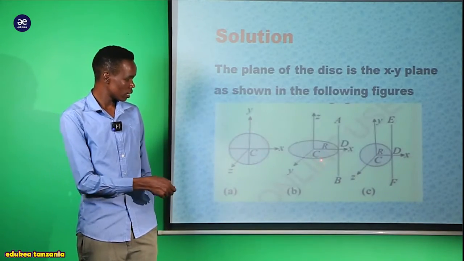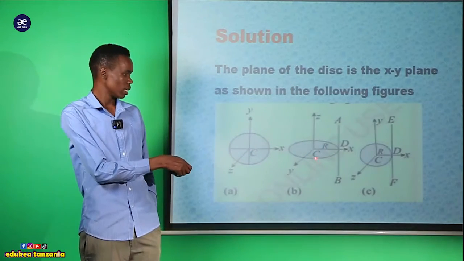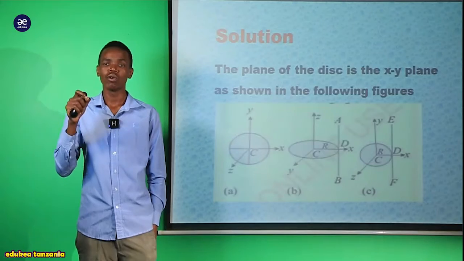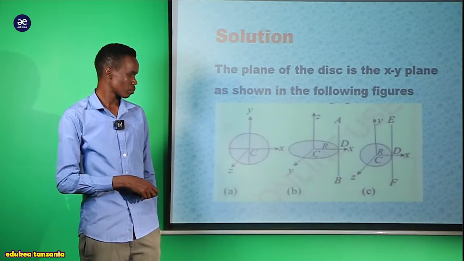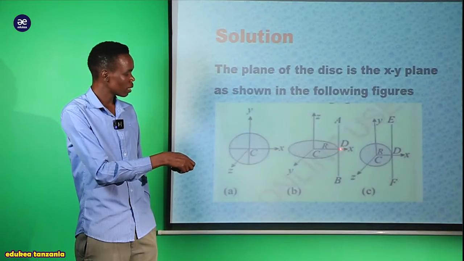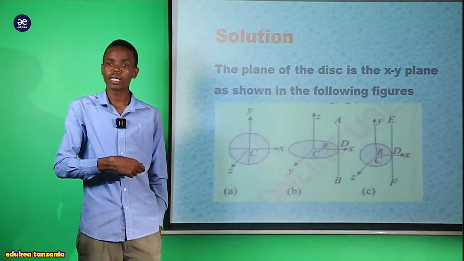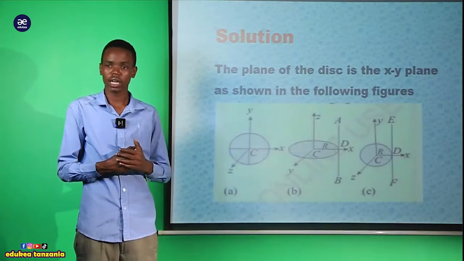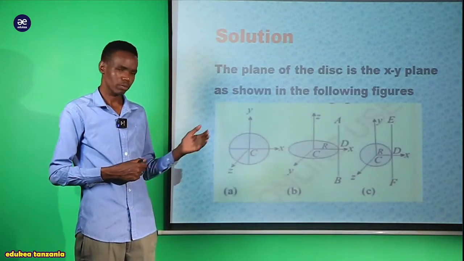And also this C represents the center, the center of the uniform circular disk. And also, my dear student, this point D represents a point of the circular disk.